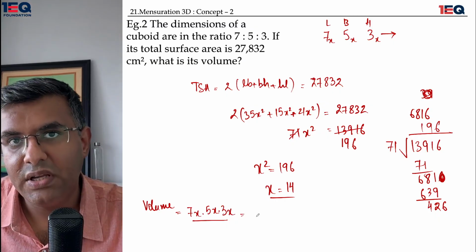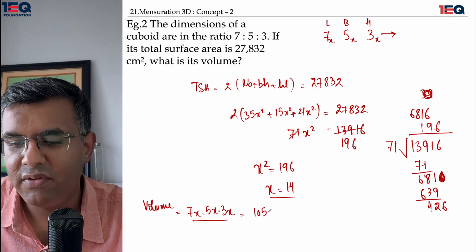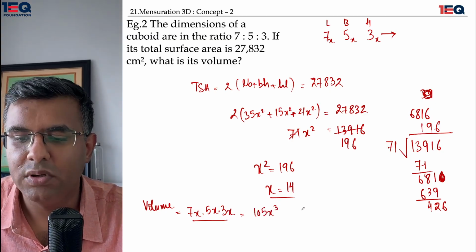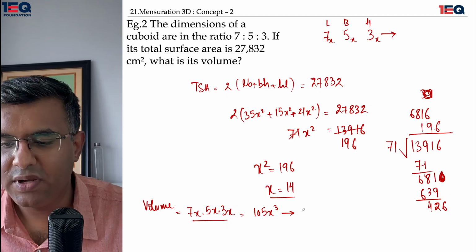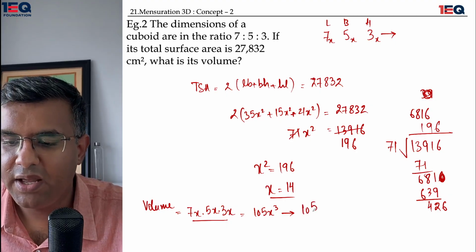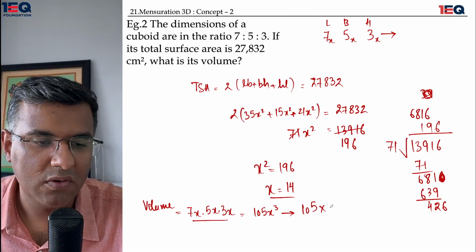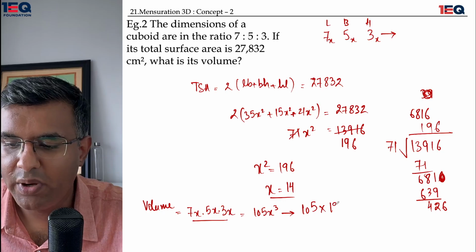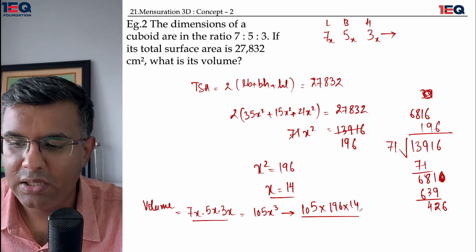So 15 sevens are 105. So I have 105 x cube as my answer. When I multiply 105 with x cube, the value of x cube would be 196 multiplied by 14. When I solve this up, this is going to be my answer.